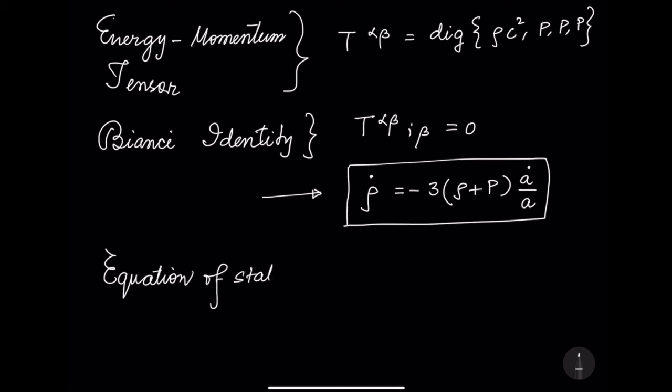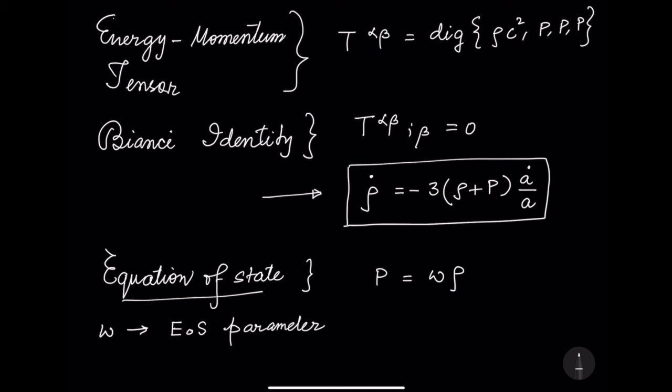The equation of state in the context of cosmology is considered to be very simple. It's considered that the pressure is related to the density this way, p = ωρ, where ω is called the equation of state parameter.